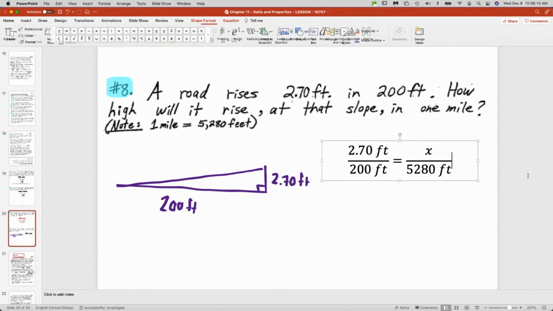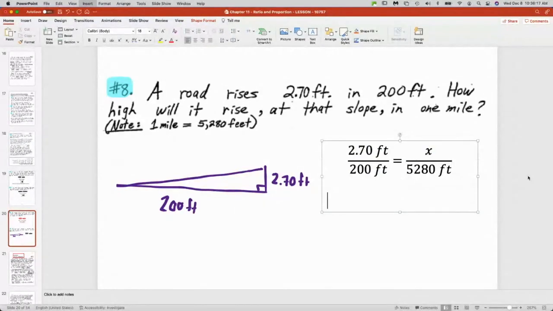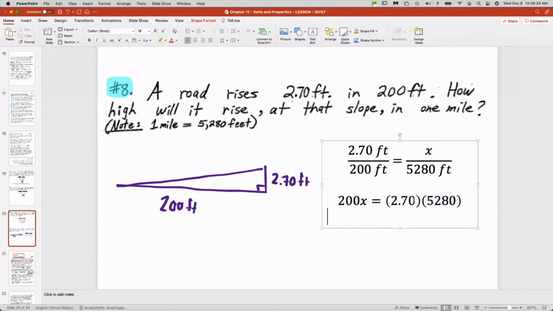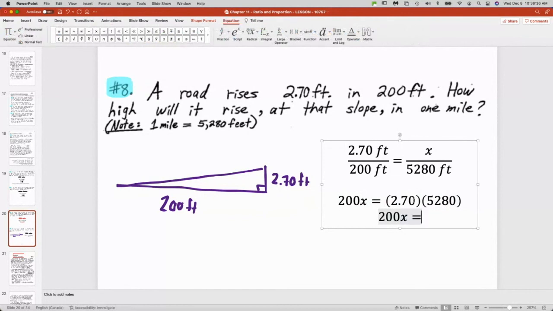I'm going to just do cross multiplication here. So we'll have 200x is equal to 2.70 times 5280. And then from that point on, I think things are pretty smooth.